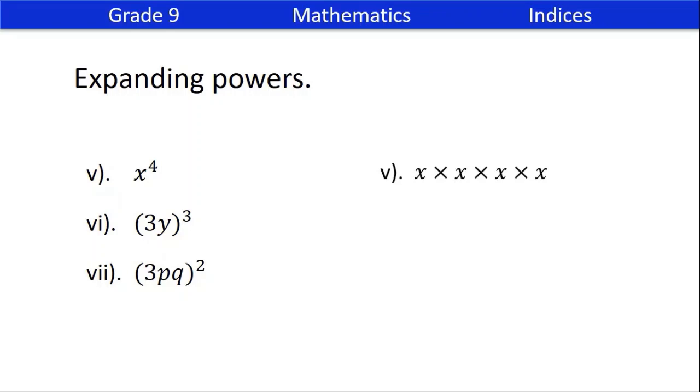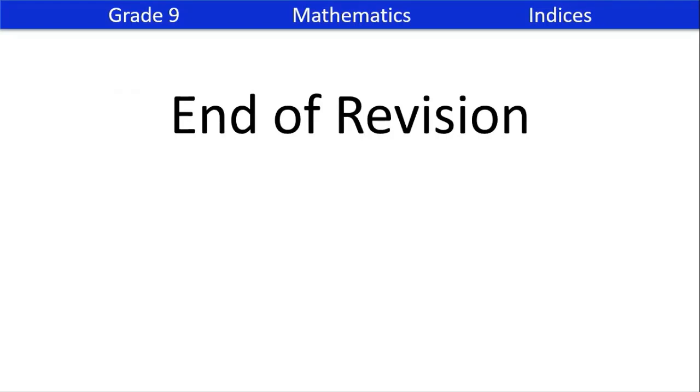In the next one, the index is 3, and so there should be 3 3y's. And in the last one, the index is 2, 3pq to the power 2, so it should be written like this. So that's all about expanding powers. Yeah, that's the end of the revision.